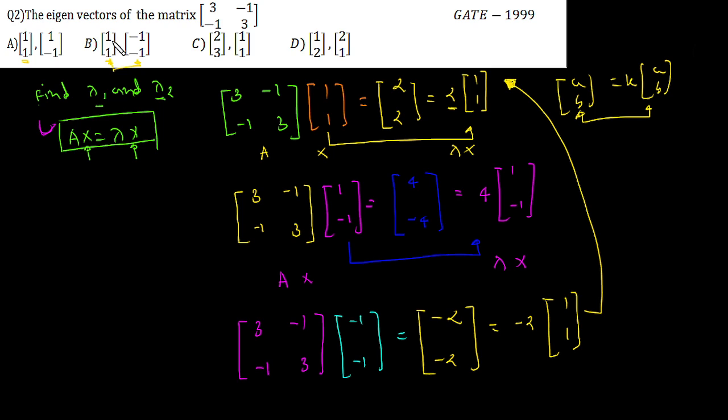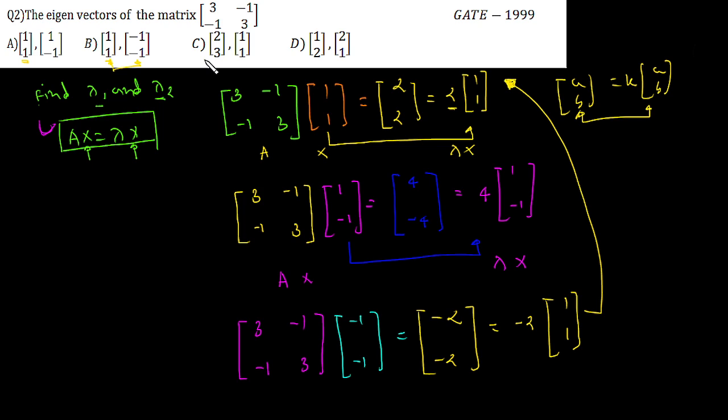So we cannot say these two are eigenvectors of this matrix corresponding to distinct eigenvalues. So we can say only option A is the correct one, because in option A we cannot multiply any number to this vector and get this one, because here we have 1 and minus 1, and here we have 1 1, so they are distinct eigenvectors. So we can say that option A is the correct one.